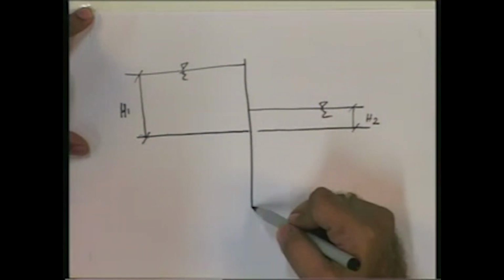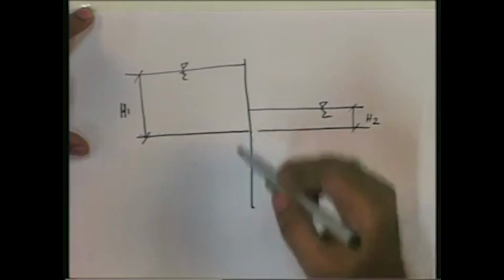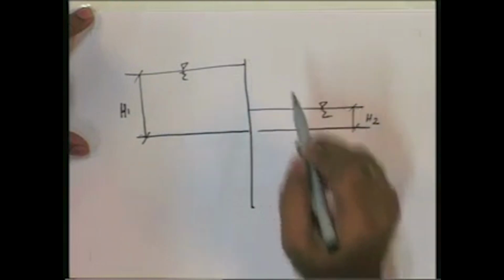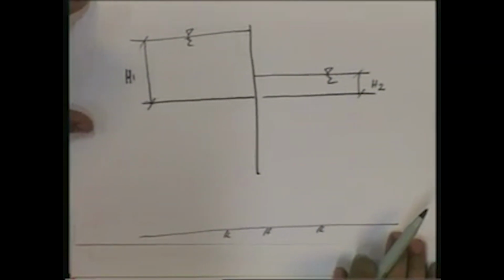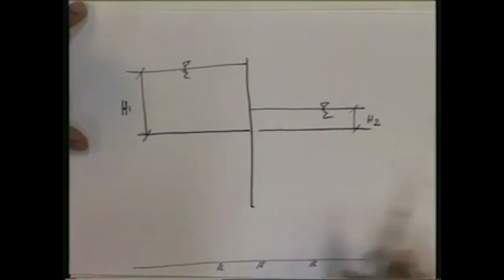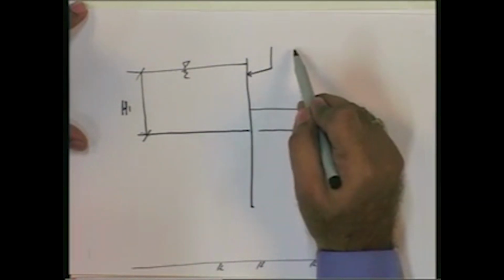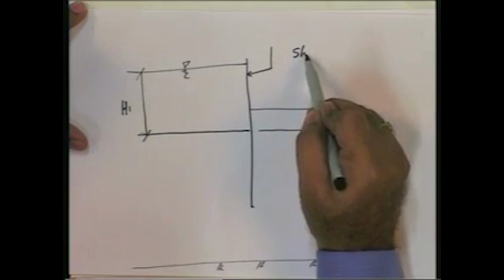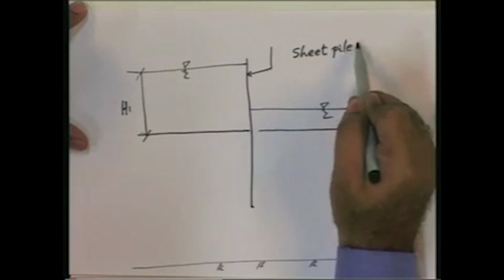This particular depth is referred to as the embedment depth of the sheet pile wall. This line is a cross section which is shown, and this is the impervious boundary. Then this particular line represents the two-dimensional view of the sheet pile wall.